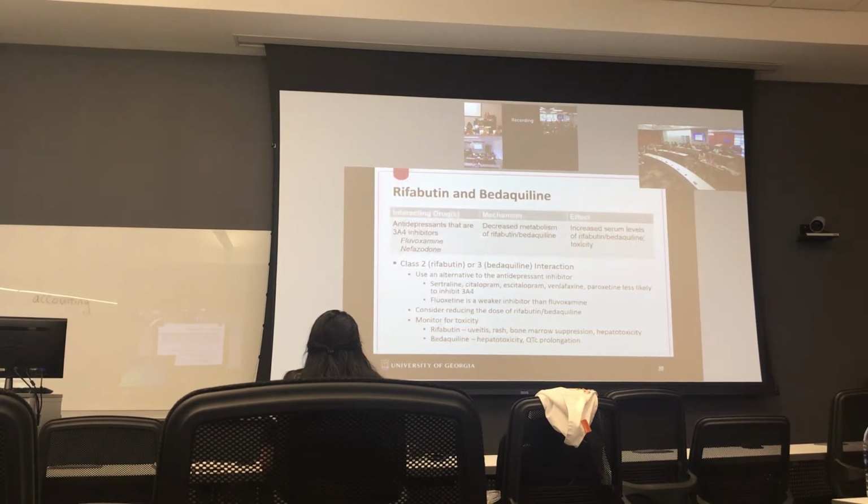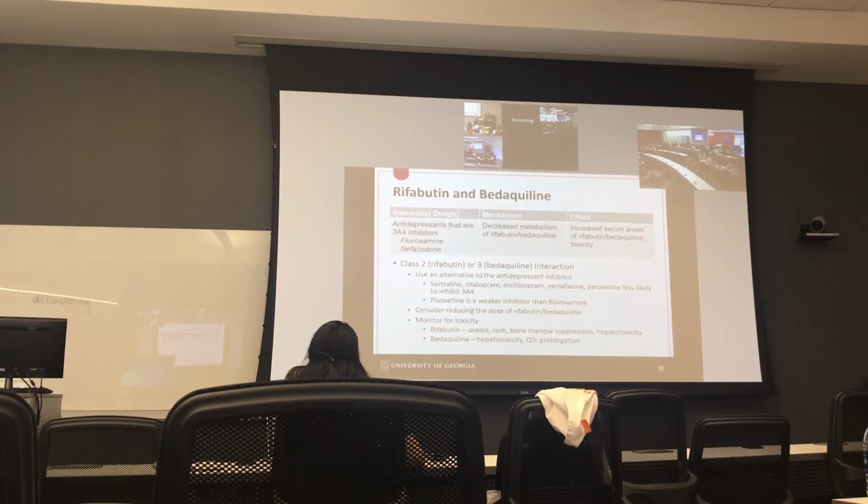So we can use an alternative antidepressant. We can consider reducing the dose and then monitor for toxicity. So the main toxicities that we'll see with rifabutin are uveitis, so that's an inflammation of the middle portion of the eye, rash, bone marrow suppression, and hepatotoxicity. With bedaquiline, the main toxicities that we'll see are, again, hepatotoxicity as well as QT prolongation.